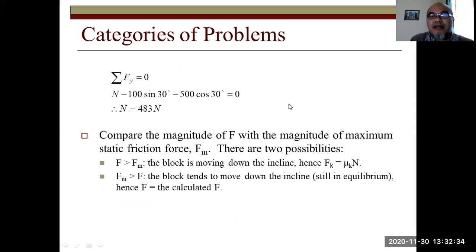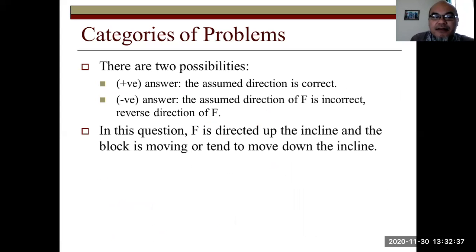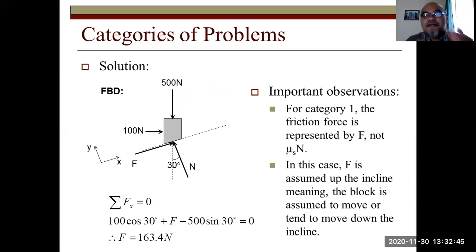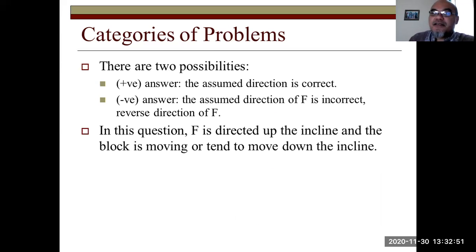So now there are two possibilities. If the answer is positive, it means our assumed direction that the block is moving downward is correct. So when the block is moving downward, it means that the friction is going upward. So then this is positive, so it means it is correct.